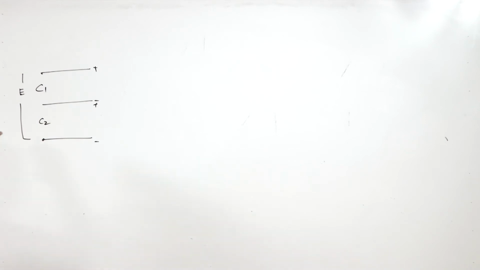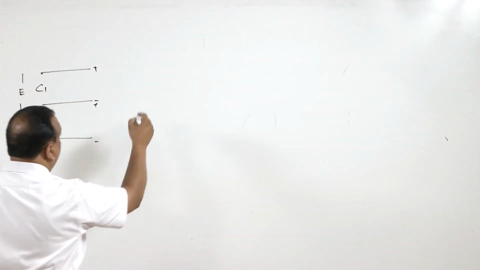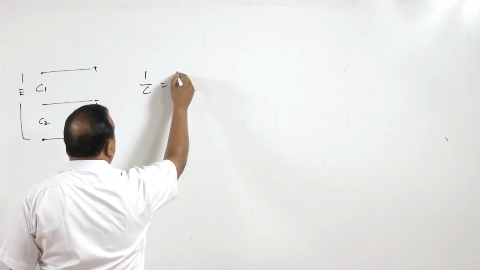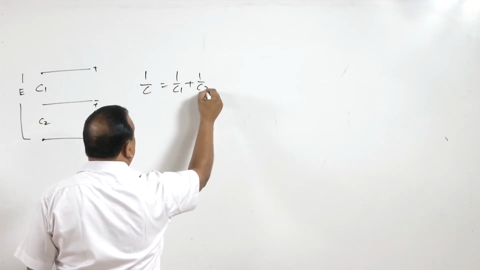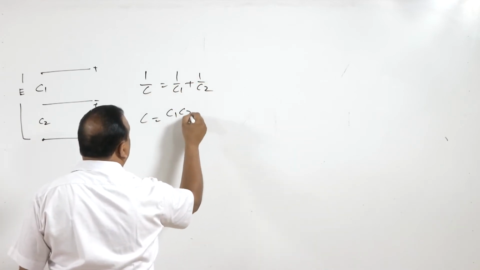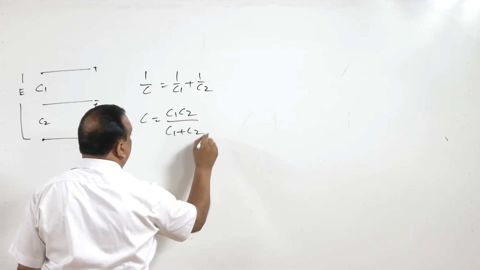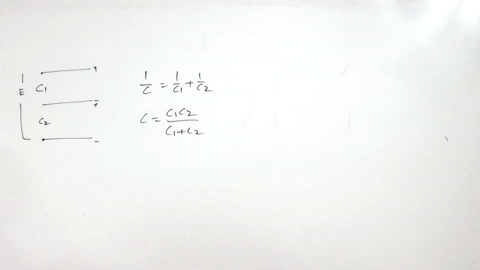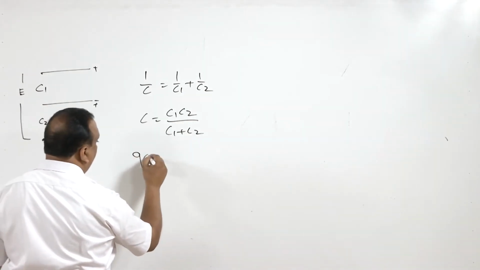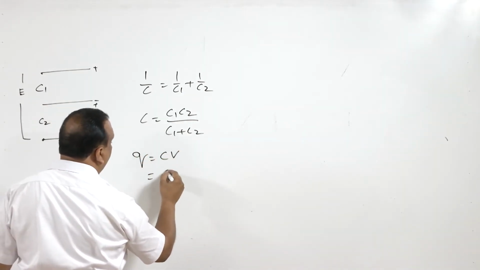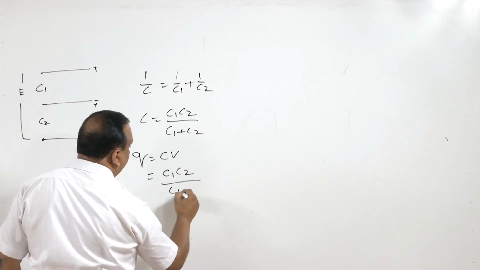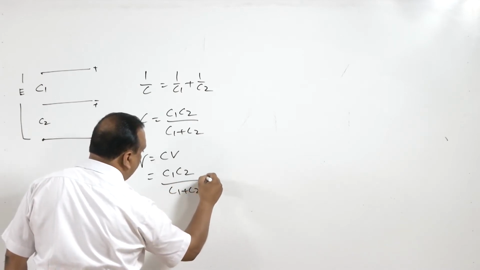So the total capacity is going to be, because they are in series, 1 by C1 plus 1 by C2, or C is equal to C1 C2 by (C1 plus C2). And the charge on the plate is going to be Q is equal to CV is equal to C1 C2 by (C1 plus C2) times E.